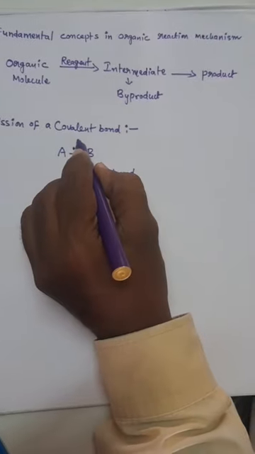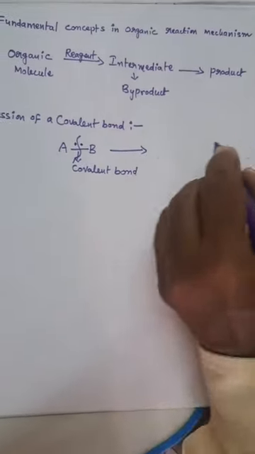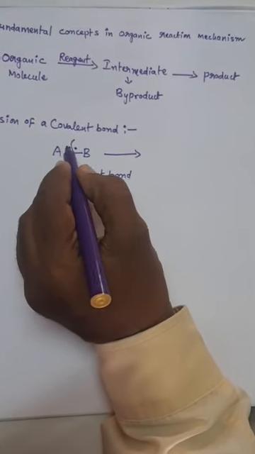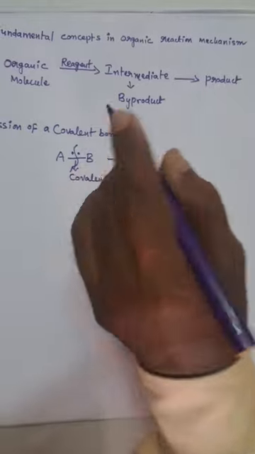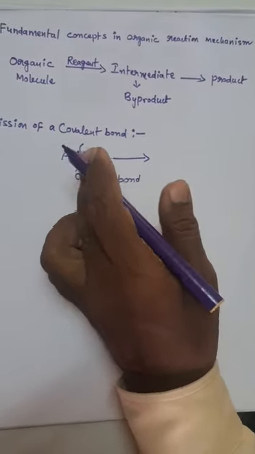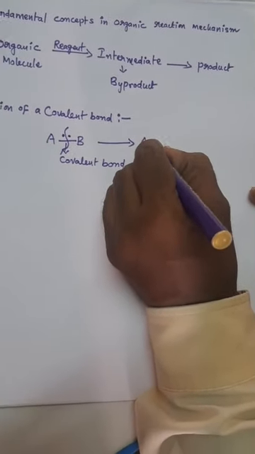So if this bond breaks, there is a possibility that the two electrons either move to A, or move to B, or move equally, one electron to one side and another electron to the other side.